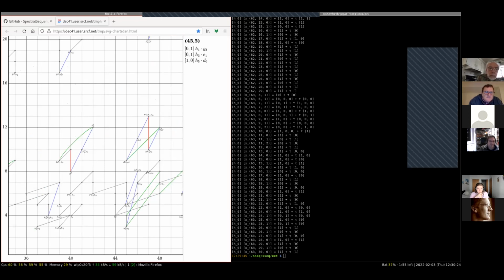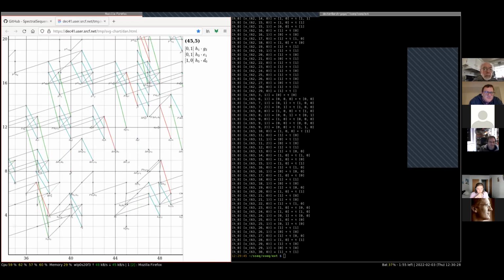Filtration 4 to filtration 6. Okay, so we have to think about what exactly that means. Yeah, that's the tricky thing, right? If you want to be formal and precise about it, what it really is, is a hidden 4 extension on H4. We can do that.